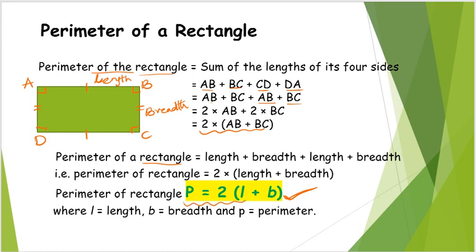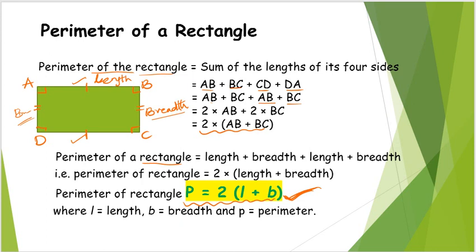You can directly make use of this formula, because we have 2 lengths, one is AB and the other is CD. Likewise the breadths are BC as well as AD, right? So you can directly say the perimeter of a rectangle, P, is equal to 2 times (length plus breadth), which we can read as 2 times (L plus B), right?